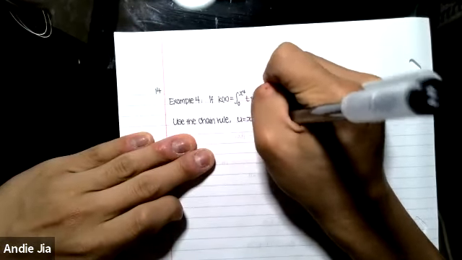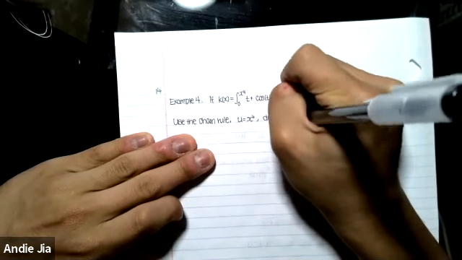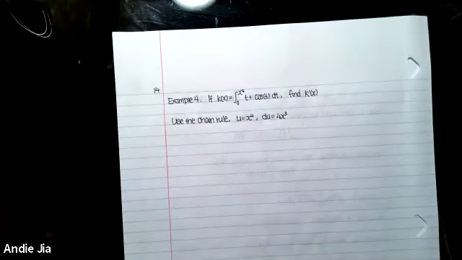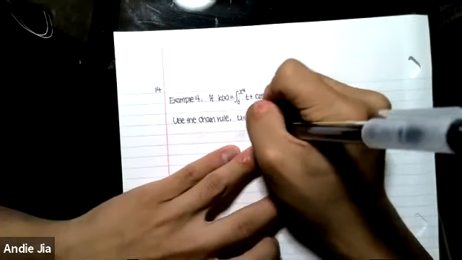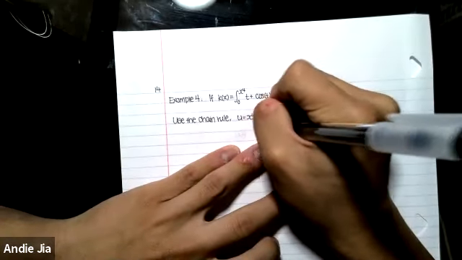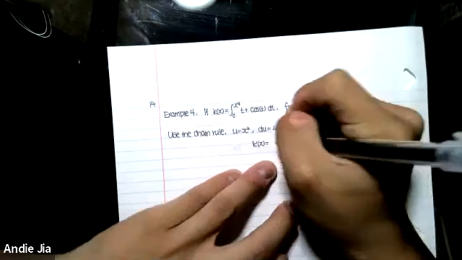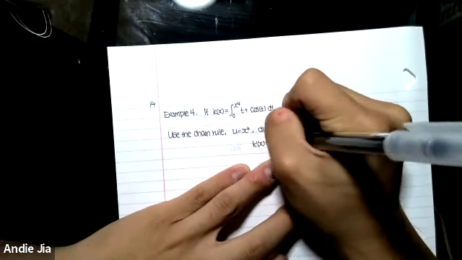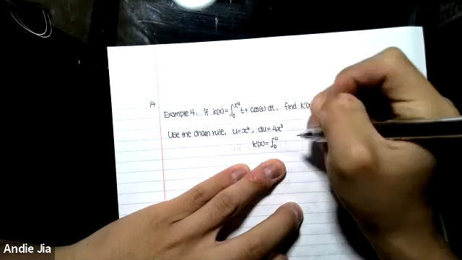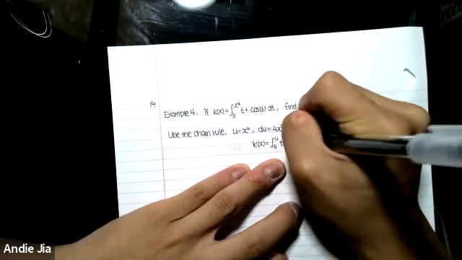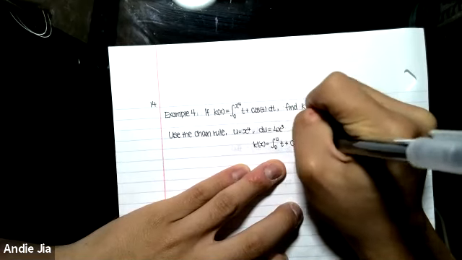Then du equals 4x cubed. Then k prime of x is the derivative of the integral from 0 to u of t plus cosine of t dt.